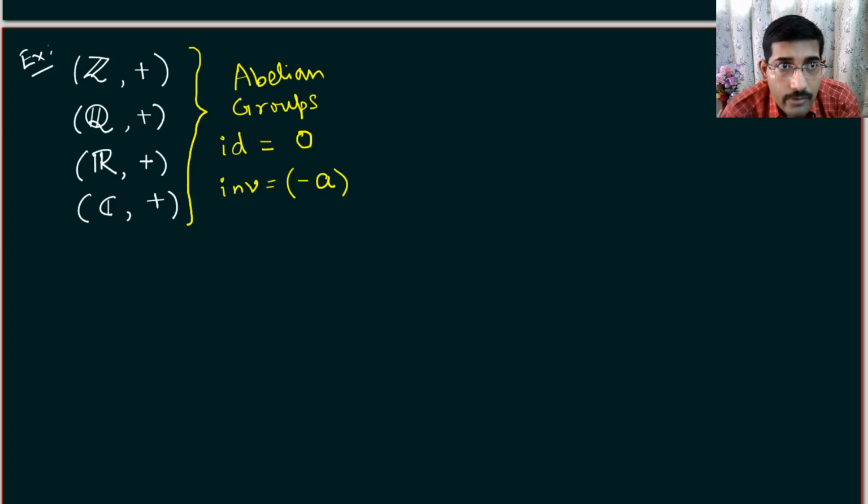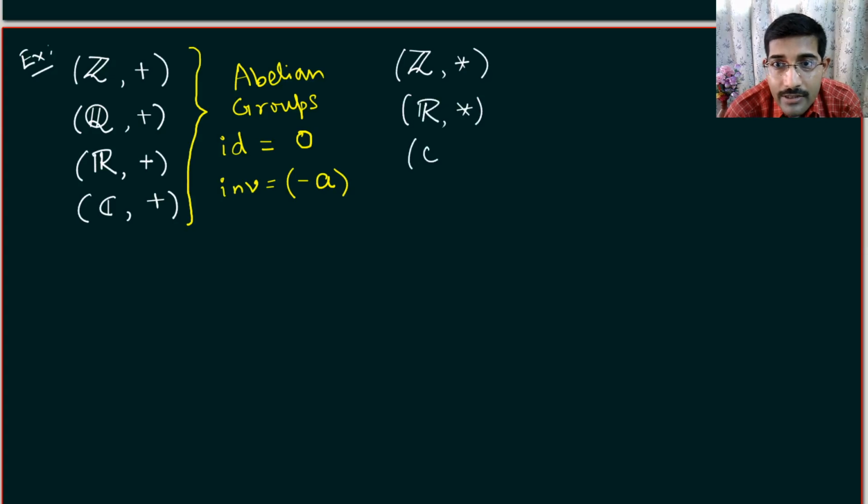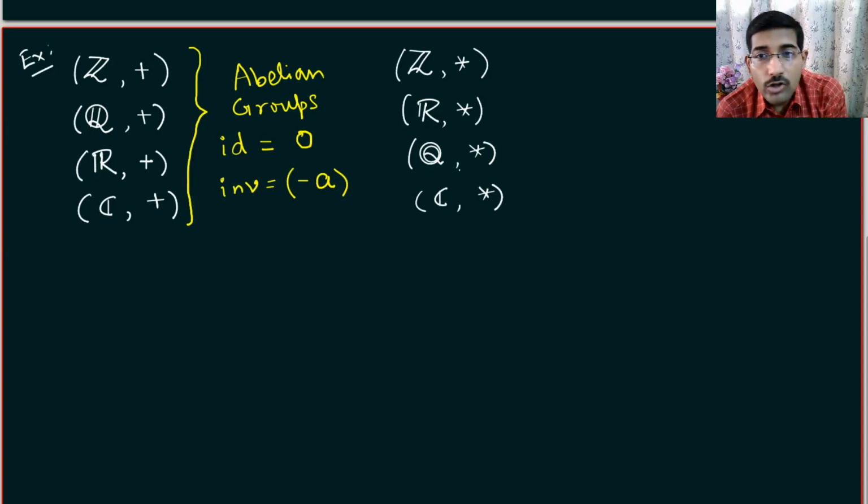Now if you tweak this operation slightly, then Z with multiplication, R with multiplication, Q with multiplication, and C, the set of complex numbers, with multiplication, all these are not groups.